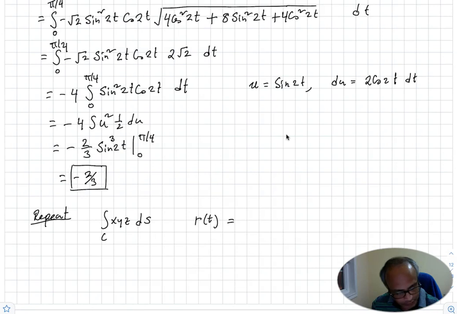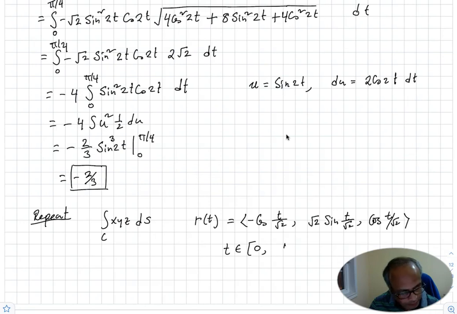With a new parameterization, which is minus cos t by square root of 2, square root of 2, sine t by square root of 2, cos t by square root of 2. Okay, and t going from 0 to pi by 2 square root of 2.